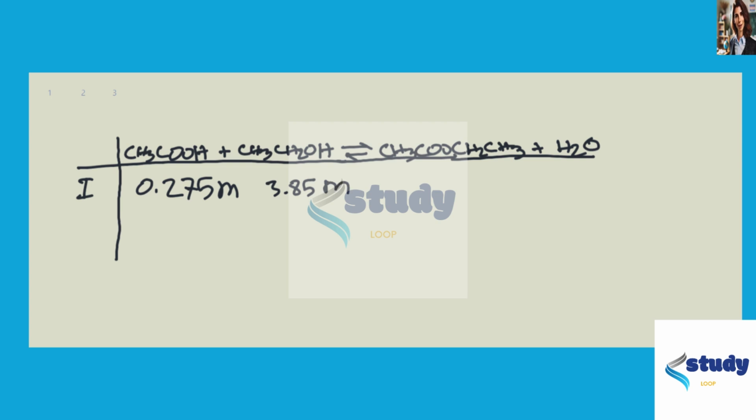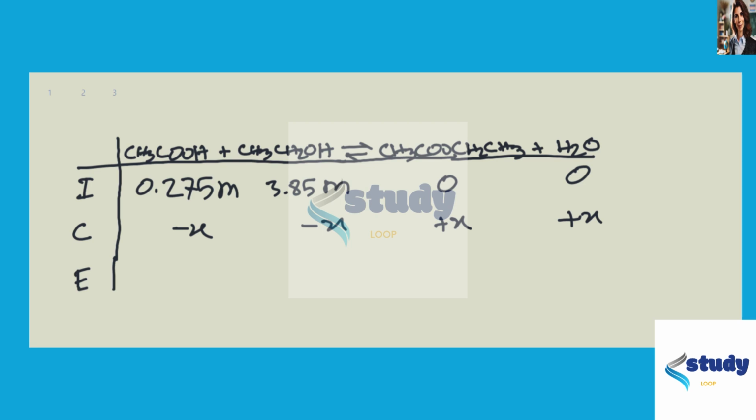The initial concentration for both the products will be zero, since at the initial stage we do not have any product produced. If we consider the change as x, then for both the reactants it will be minus x, and for both the products it will be plus x. Since all the coefficients for the reactants and products are 1, we do not need to add any numerical value to the x.